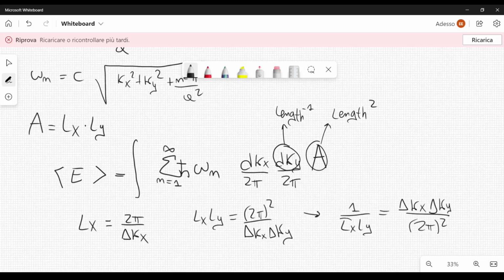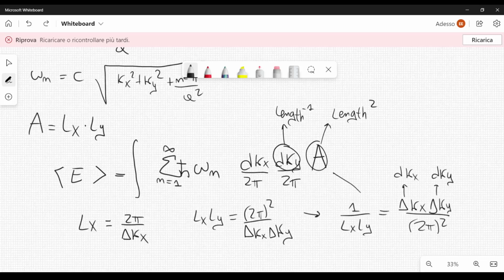And when Lx and Ly go to infinity, from Fourier analysis, it is possible to show that these changes will become infinitesimal, so they will become dkx and dky.